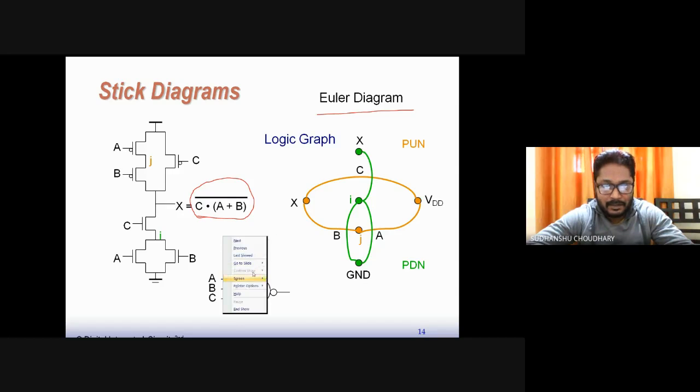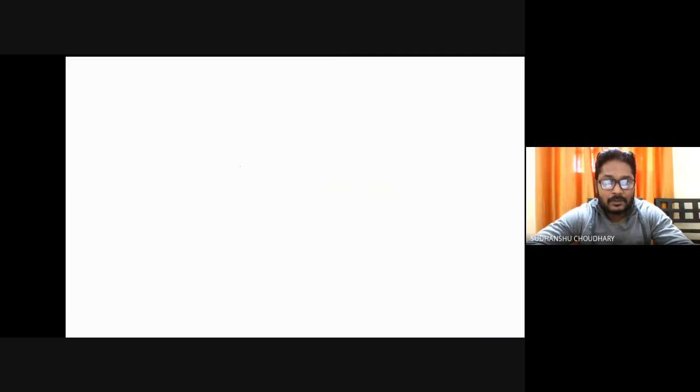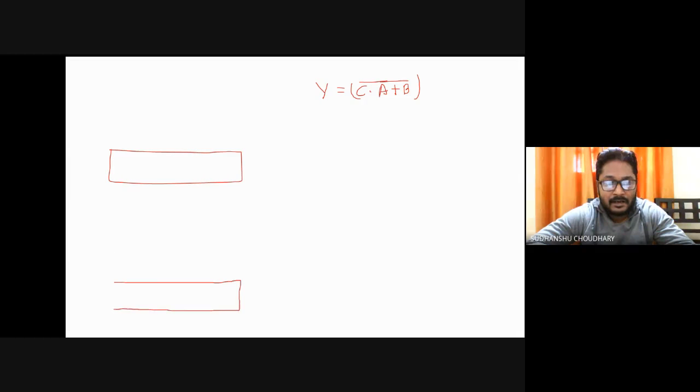So maybe let us take a screen. Let us say we want to draw the layout of C dot (A plus B) whole bar. So let us say that PMOS are lying on the top and NMOS are lying at the bottom.